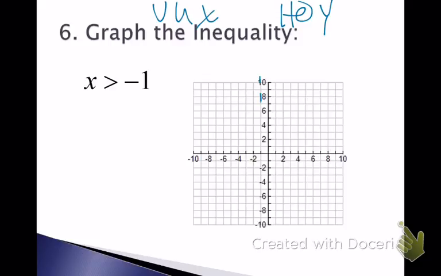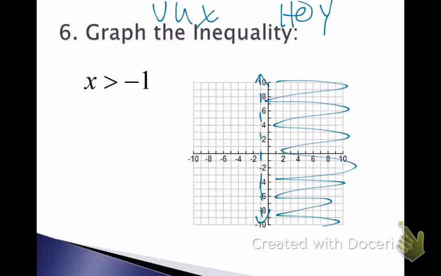It's going to be a vertical line through negative 1 because of Vux. And x is greater than negative 1. So simply enough, you're going to shade over here. Now you could do 0, 0 if you'd like, only you're going to plug in 0 for x. 0 is greater than negative 1, and that definitely works. Okay?